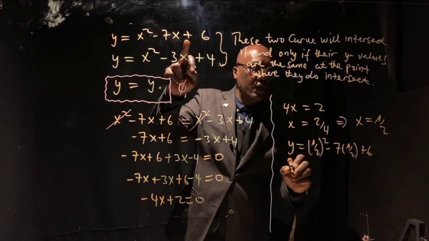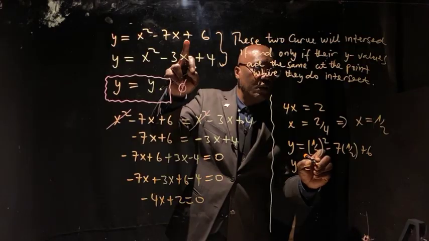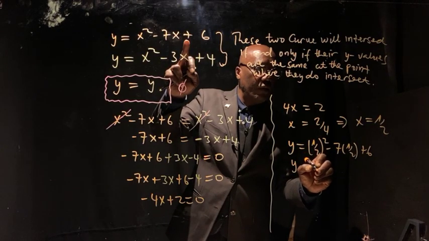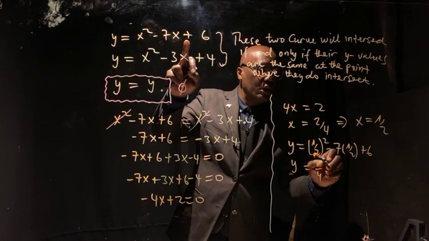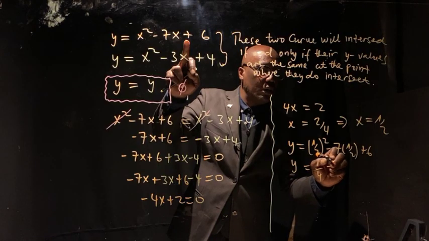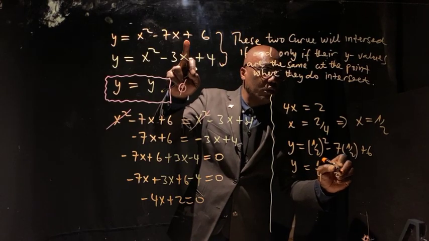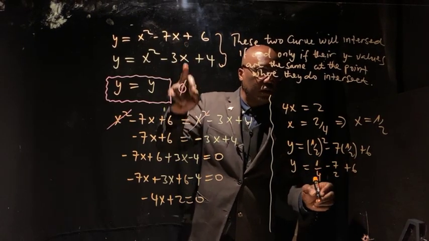We have y equal 1 over 4 minus 7 over 2 plus 6.